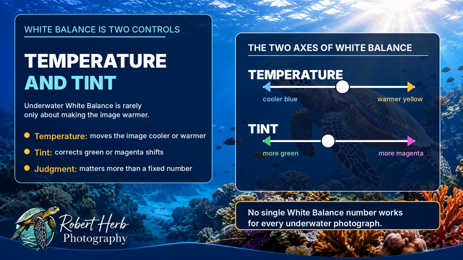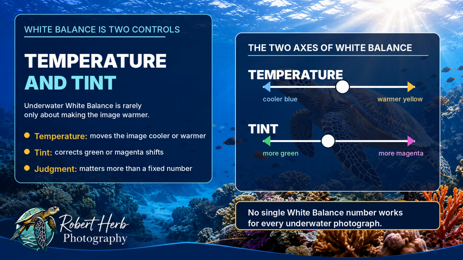White balance underwater is rarely just one slider. Temperature helps move the image cooler or warmer. Tint helps correct the green and magenta shift that often appears underwater. This is why there is no single white balance number that works for every underwater photograph. A shallow reef scene, a deeper wreck image, a strobe lit macro photograph, or a natural light wide angle scene may all need different temperature and tint decisions.